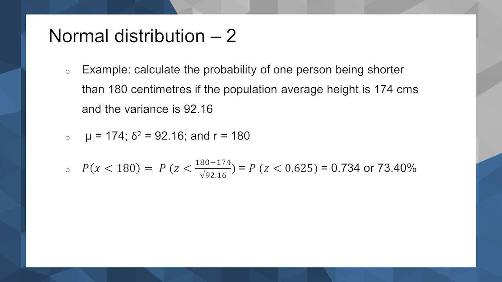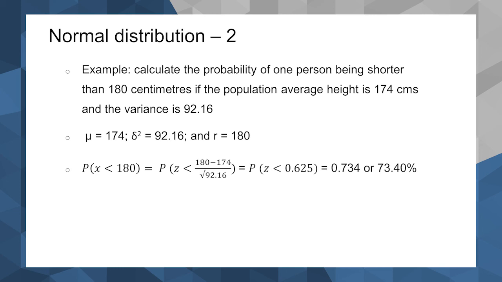So if you look at the calculation, 180 minus 174 is 6. You divide that by the standard deviation. So 6 out of the standard deviation gives you the number of standard deviations. So if the numerator was exactly the same as the denominator, that would give us a z of 1, which would tell us that the value we were looking at, in this case 180, would be 1 standard deviation away from the mean.